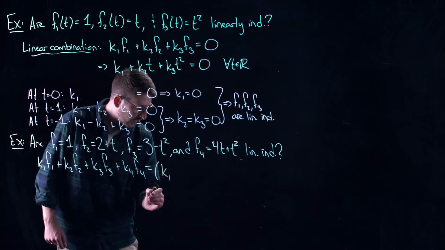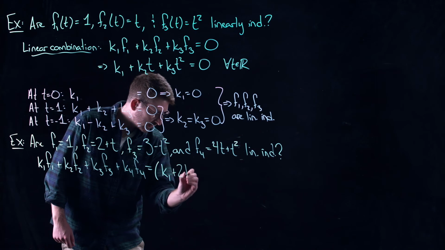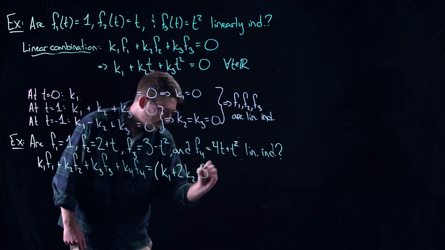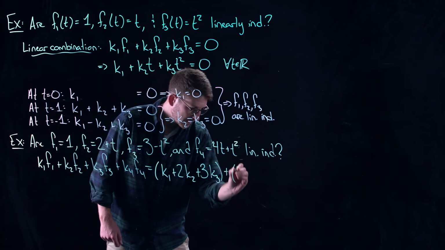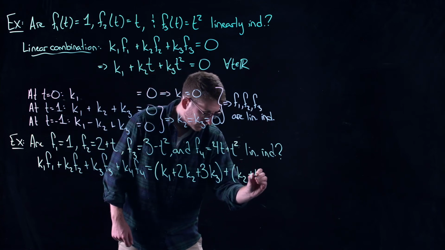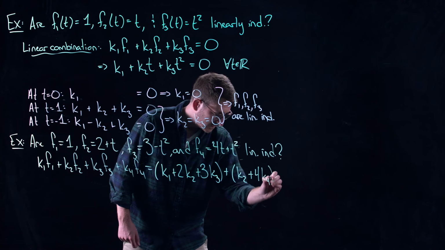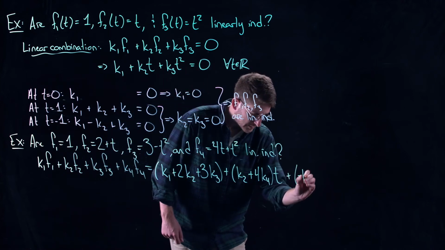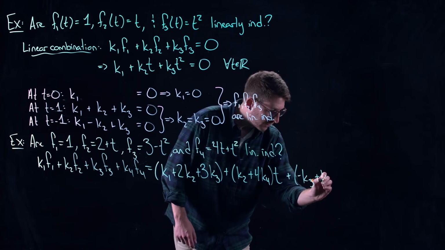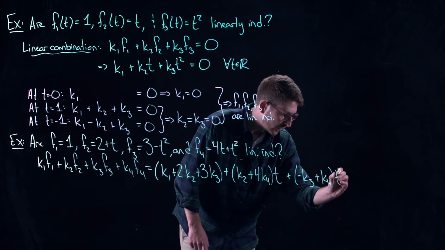I get K1 plus 2K2 plus 3K3, plus K2 plus 4K4 T, and then plus minus K3 plus K4 T squared.